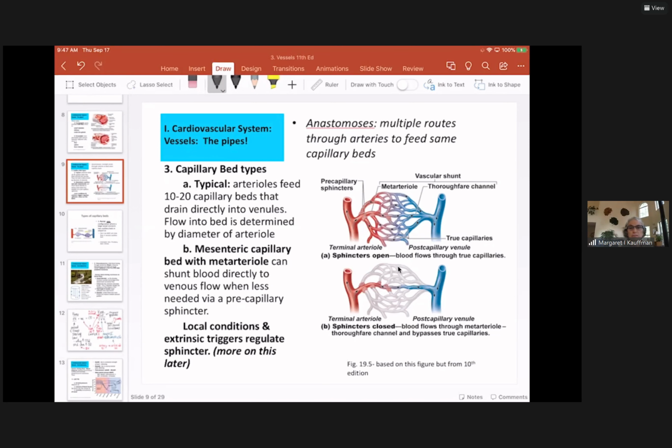So in terms of extrinsic factors, in the short term, we have the norepinephrine, which would vasoconstrict. In the long term, we'd have the angiotensin II, which leads to aldosterone and ADH, which increase water reabsorption.